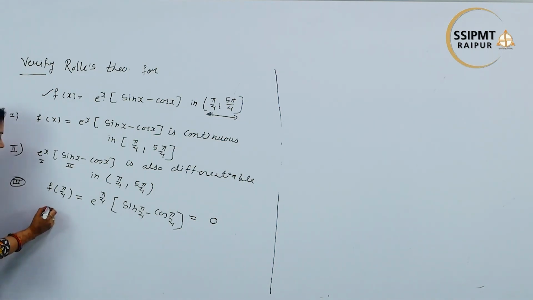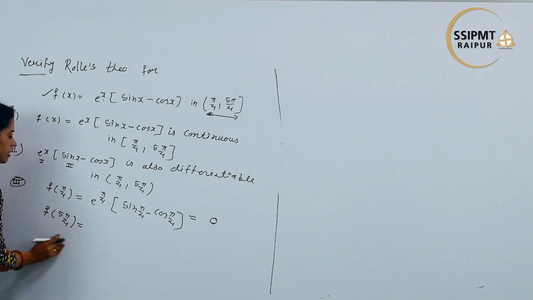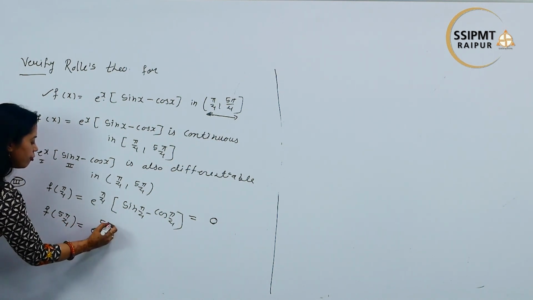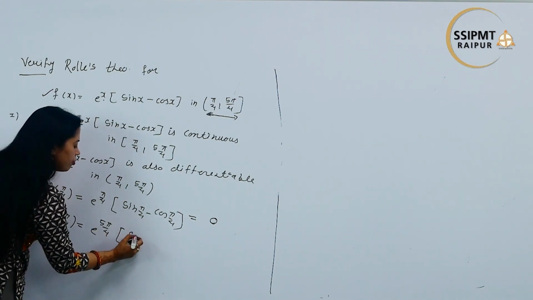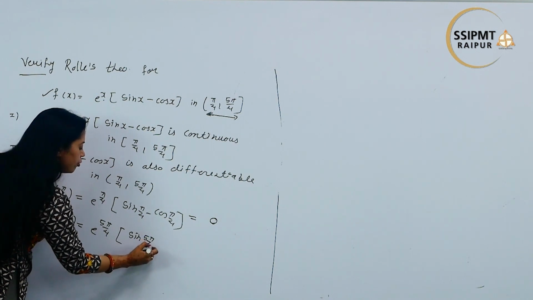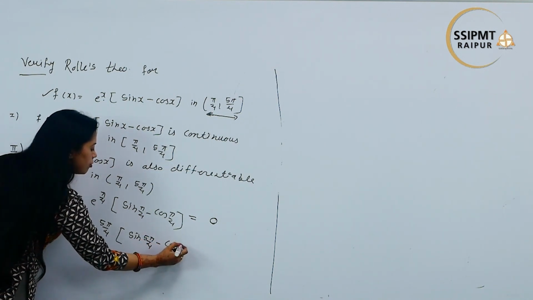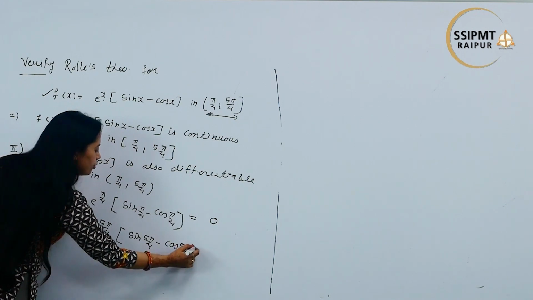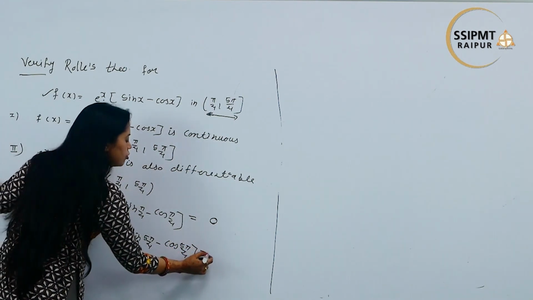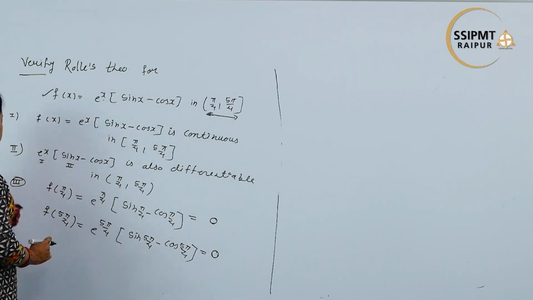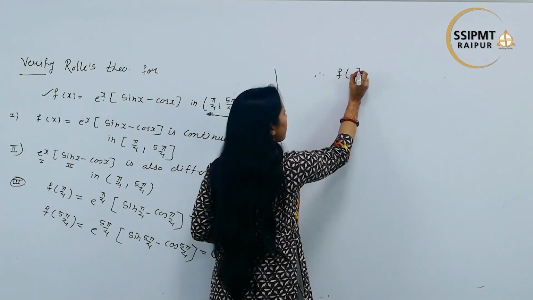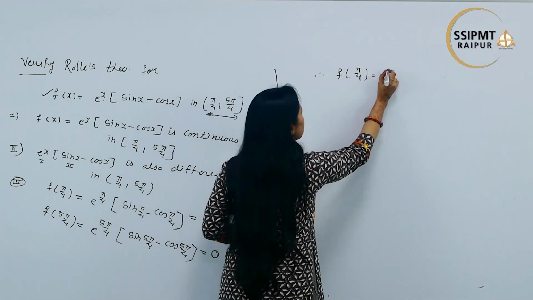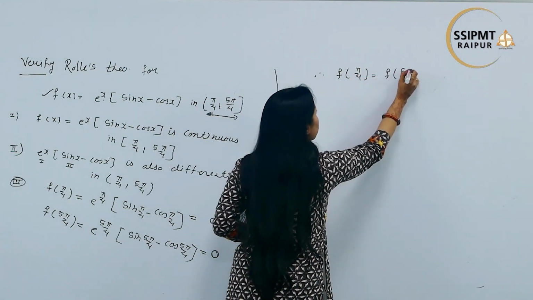And f(5pi/4) is e^(5pi/4) (sin 5pi/4 - cos 5pi/4), which is also 0. Hence we have shown that f(pi/4) is equal to f(5pi/4).